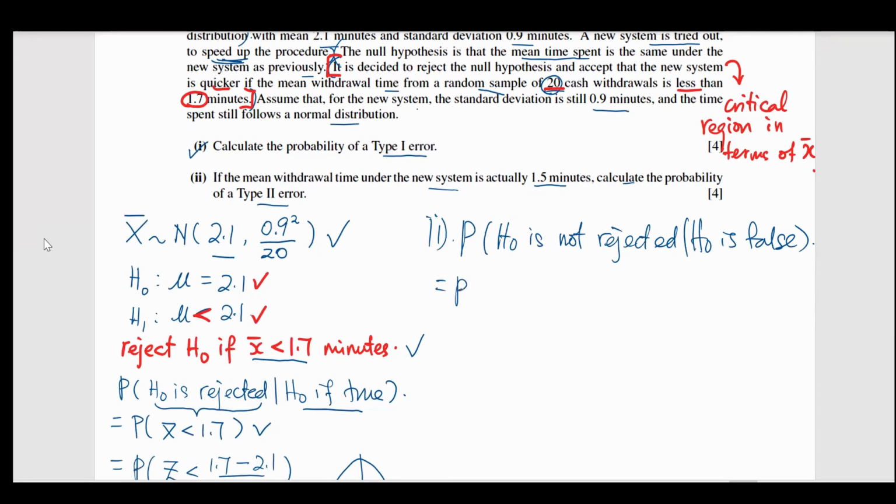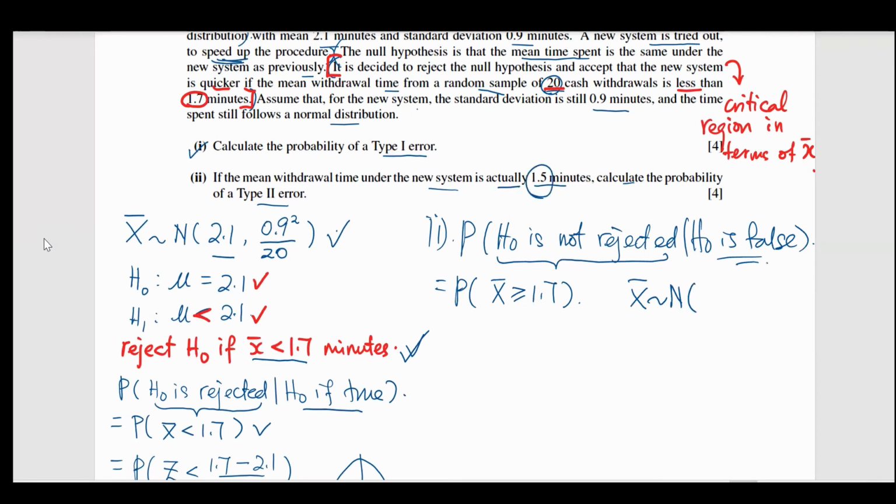So again, when do we not reject H0? Referring back to the same sentence, when the X bar is more than or equal to 1.7 minutes, right? That is where we do not reject H0. But we realize that H0 is false. So we are not going to use these X bar distributions anymore. We are supposed to take the X bar distribution with the mean given by the question.